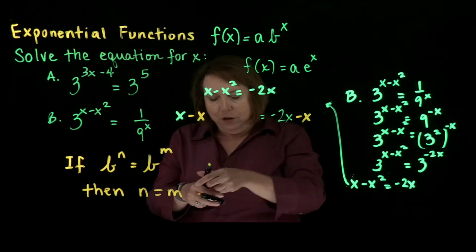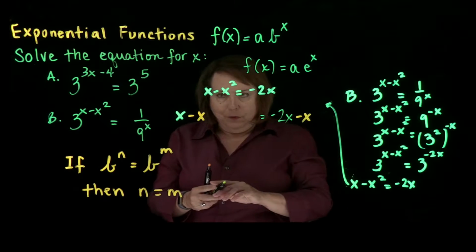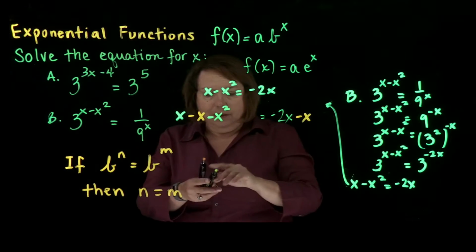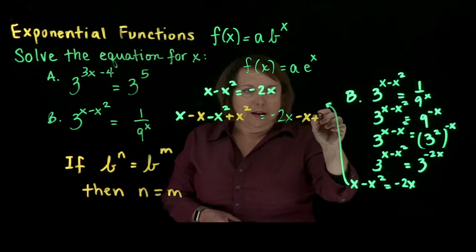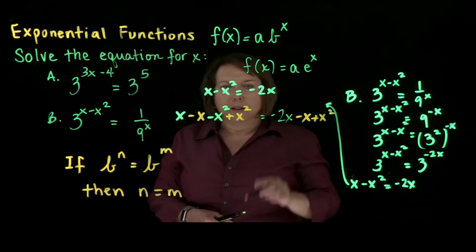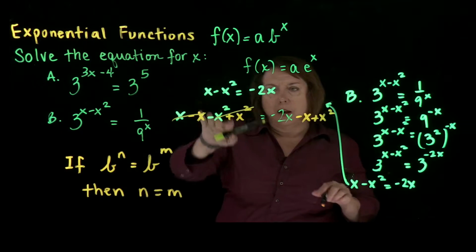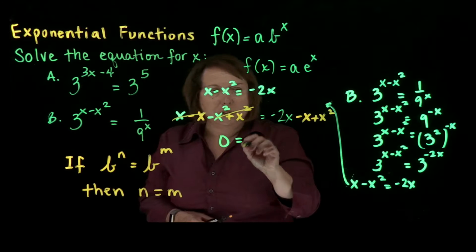Since it's a subtraction here, adding it will undo that subtraction. So I want to, as I said, add x squared to the left and add x squared to the right. So what happens here is it gets rid of both terms that are on the left side, leaving a 0 on the left side of the equal sign.